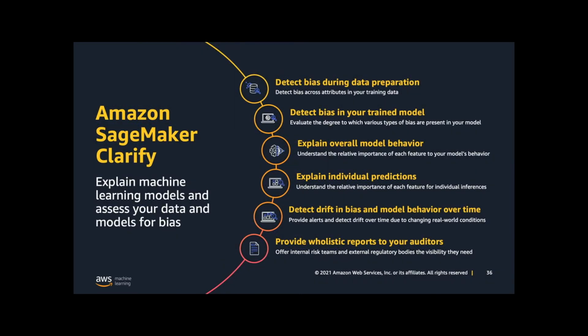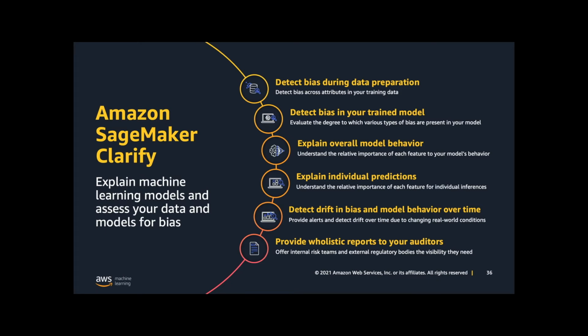The purpose of SageMaker Clarify, as I mentioned, is that it is integrated with Data Wrangler. So it's easy and straight to the point to identify bias even during data preparation. You can check your trained model for bias, of course, and you can monitor your model for bias.